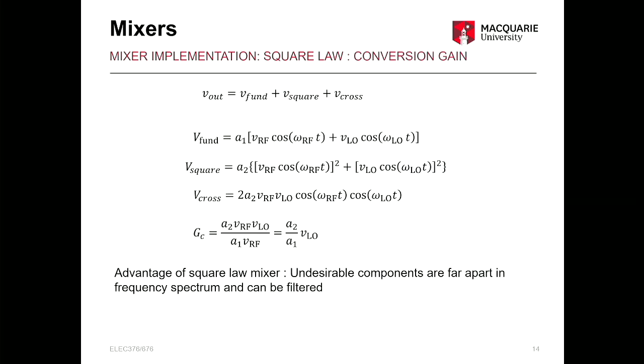So we have defined the voltage conversion gain as the voltage of the IF signal, which is the output, divided by the voltage of the input signal, which is the RF.